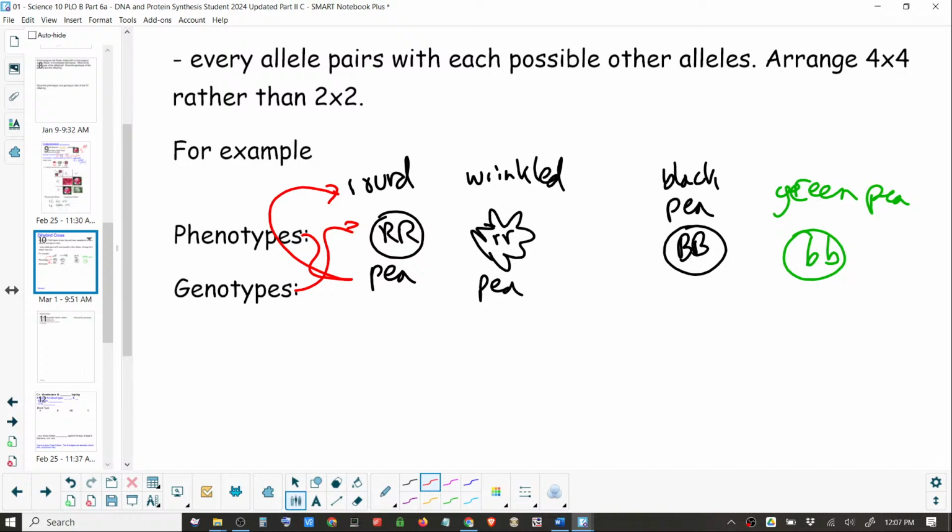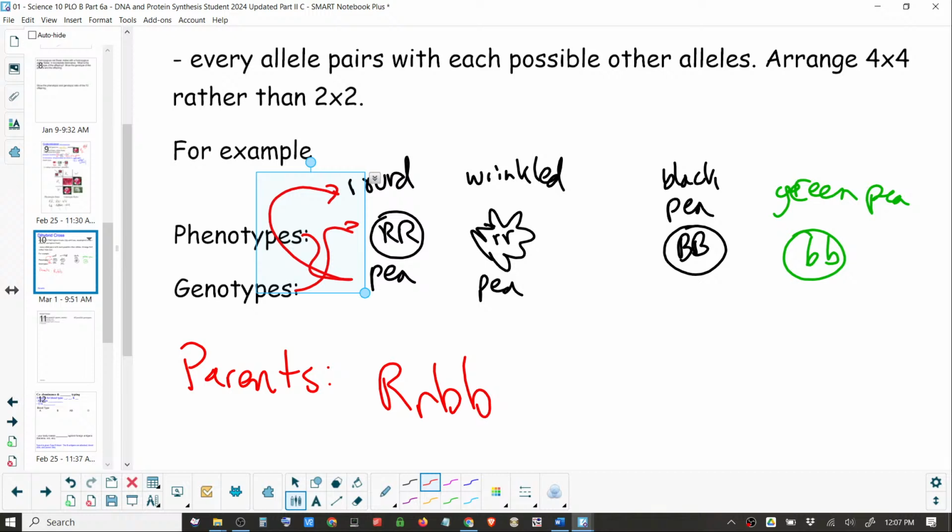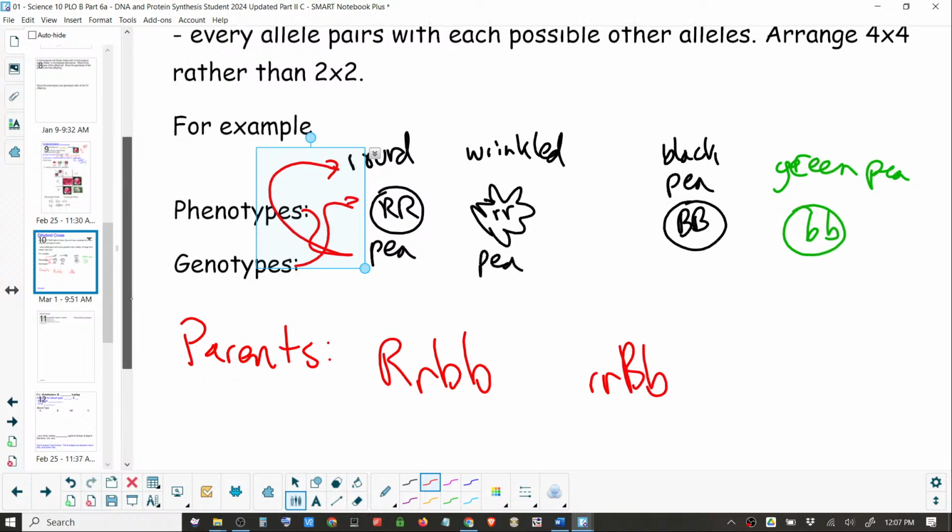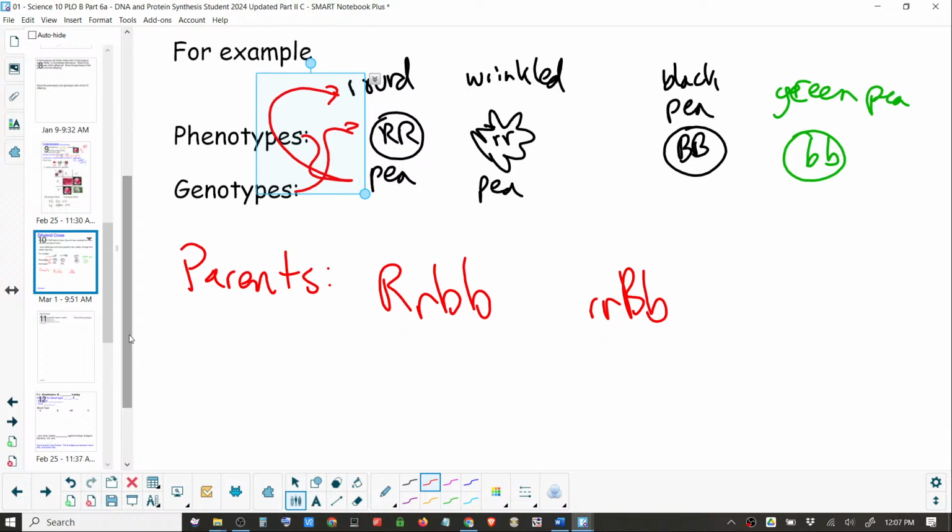But here we're going to have the parents. The parents are going to be rub. Aren't they all rub? No, because that's Rub and that's Rub. My fault.